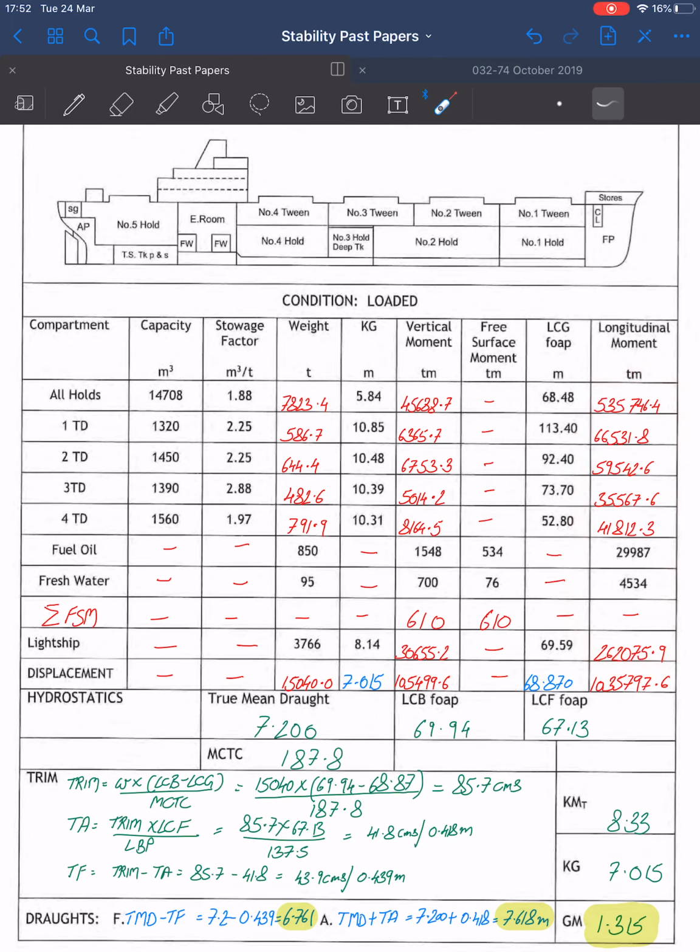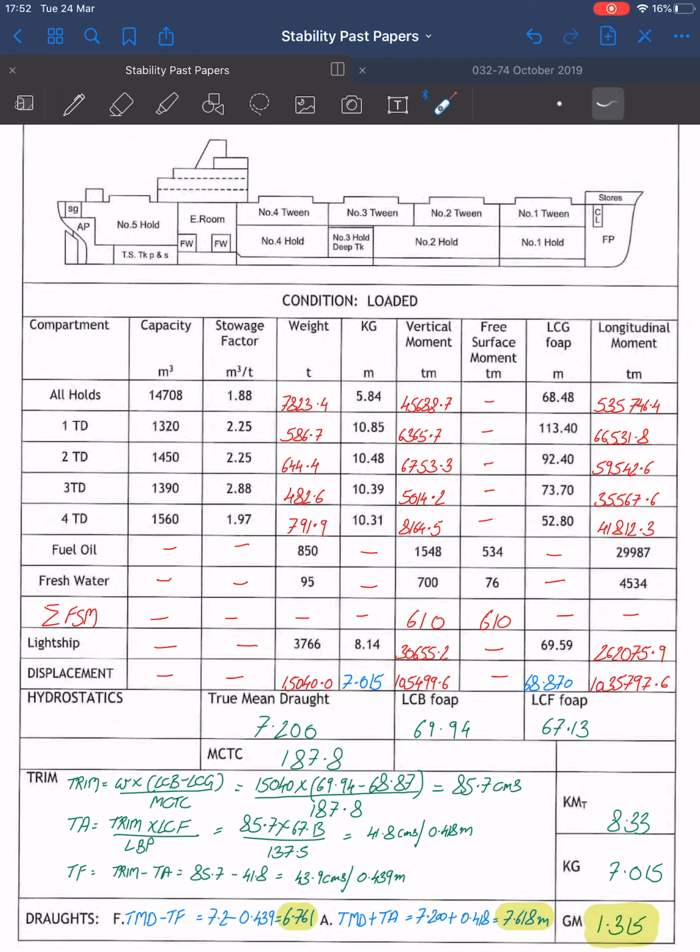After we have obtained these three values, we will be obtaining the KG and LCG. So for obtaining KG, what we do is vertical moments divided by weight. We will be getting the KG.